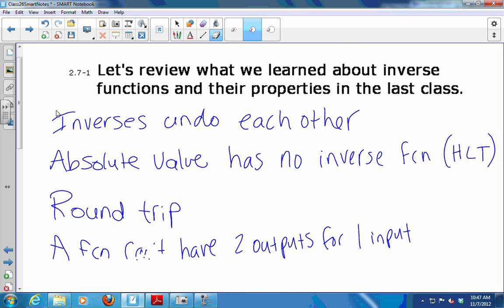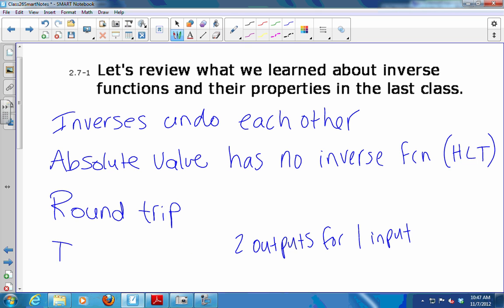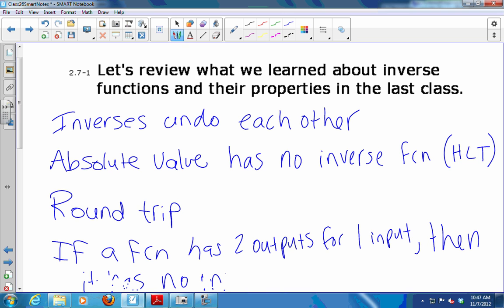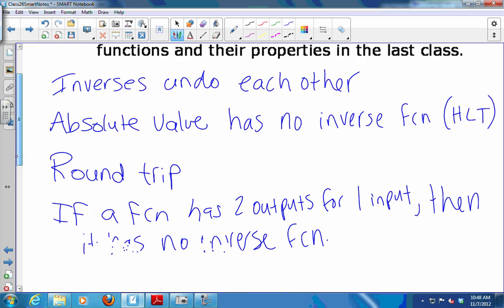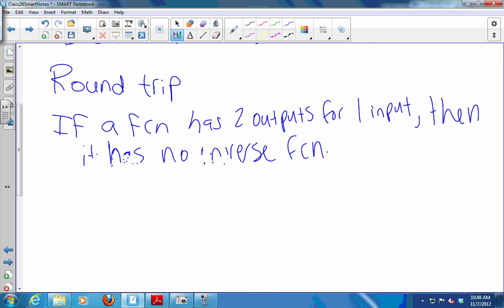Actually, let's say if a function has two outputs for one input, then it has no inverse. Horizontal line test.